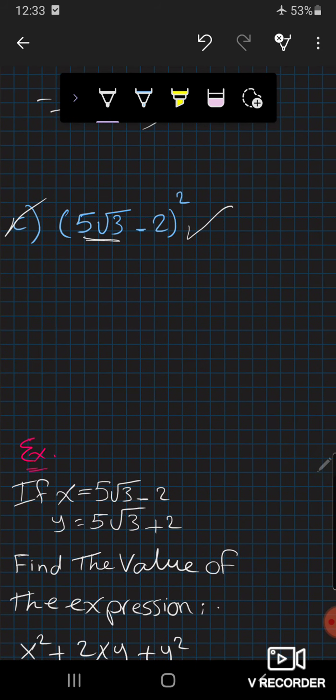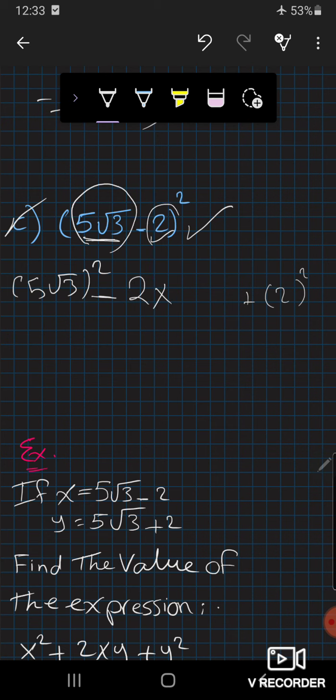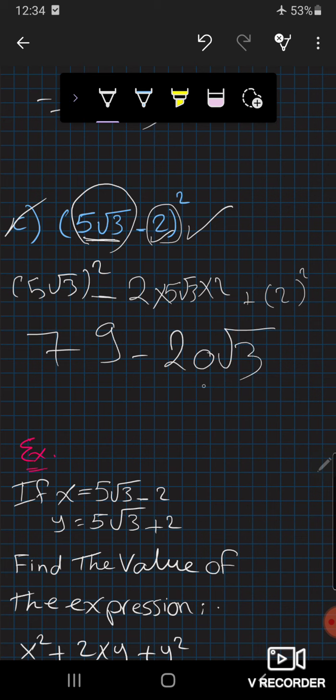Here, the first one power 2, 5 square root 3 to the power 2, and the second power 2, which is 2 square root 2 power 2, minus 2 times first times second, 5 square root 3 times 2. Okay? After you have made this one, it will be 79 minus 20 square root 3.